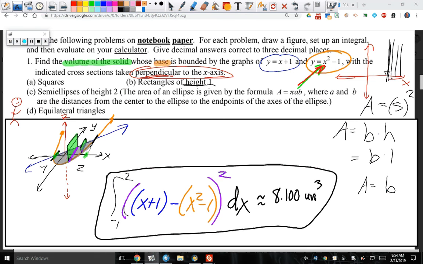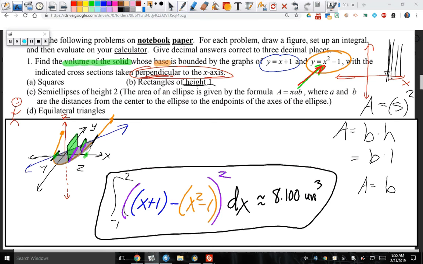You with me? So the length of B is right here. Do we already have this? We do. We do already have the length of B. What's the length of B on this? It's going to be the top minus the bottom.